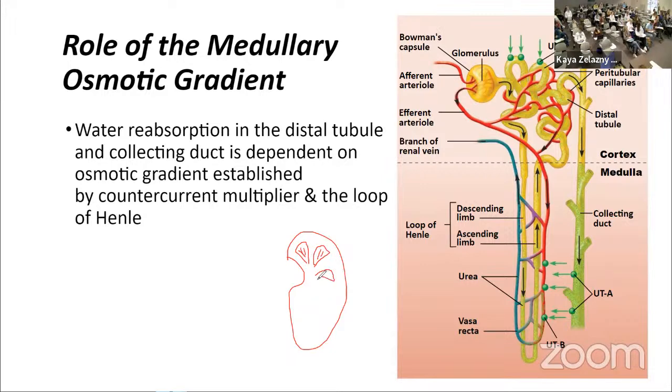The medulla has a different osmotic gradient, a different osmolarity, so a different pull on water than we see in the cortex. We're going to trace through today how that difference gets set up.